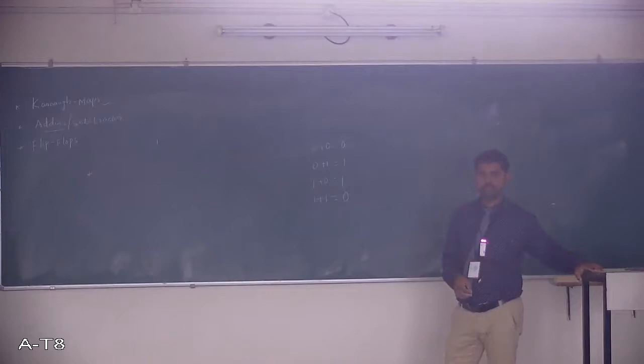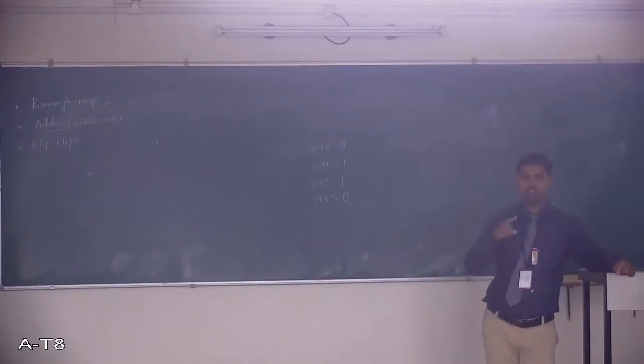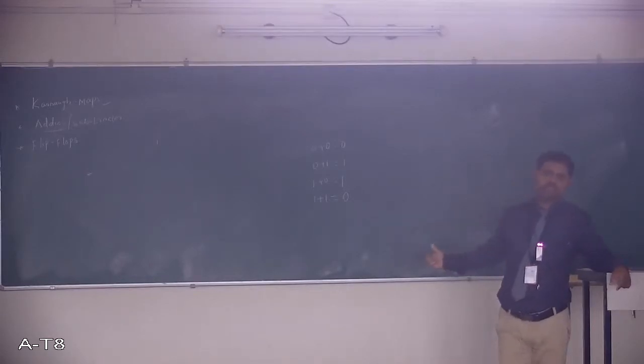This is arithmetic addition, not logical addition, because in the OR gate truth table, 1 plus 1 is written as 1 only. That is logical addition, but this is arithmetic addition. That is what an adder does: it adds the bits.